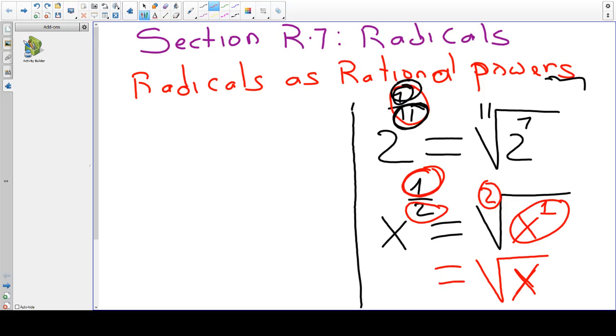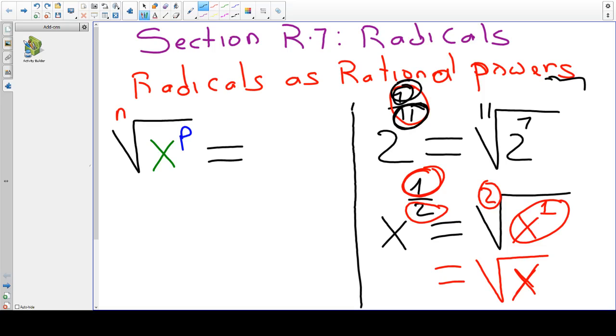So what did we just see here? We just saw that if you want to write the nth root, say, of x to the power p, you can rewrite this as a fractional power.